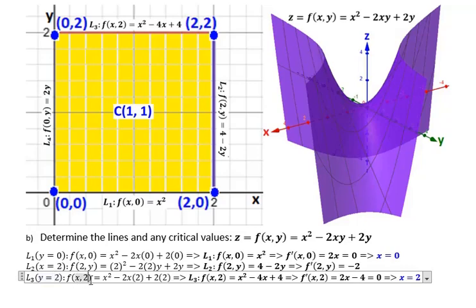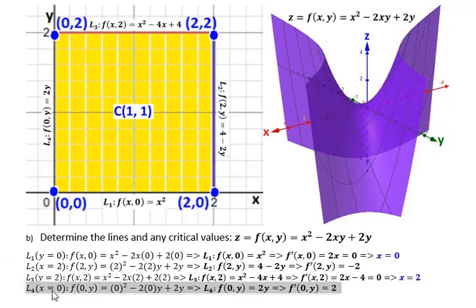That means this is x squared minus 2 times x times 2 plus 2 times 2, so that is x squared minus 4x plus 4. The derivative with respect to x is 2x minus 4, which means x equals 2. So the critical value of this line is at 2, 2, which happens to be a corner point.